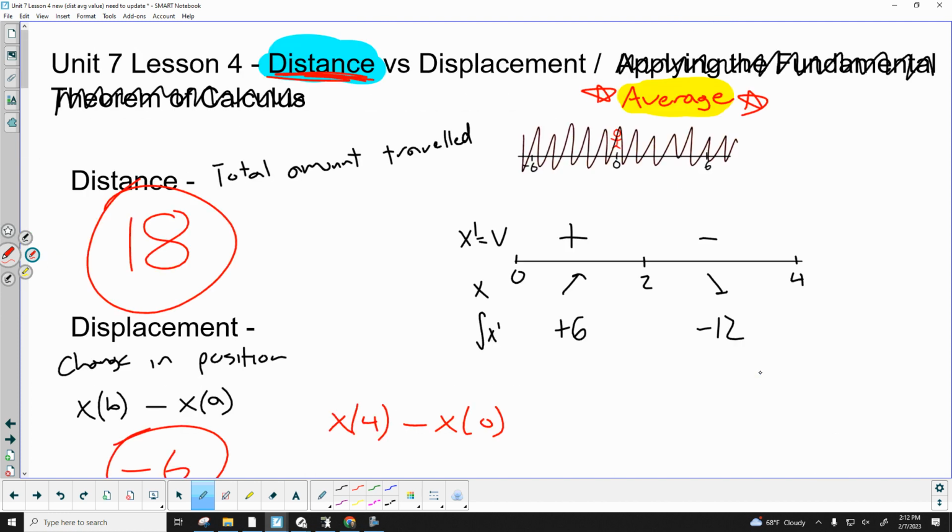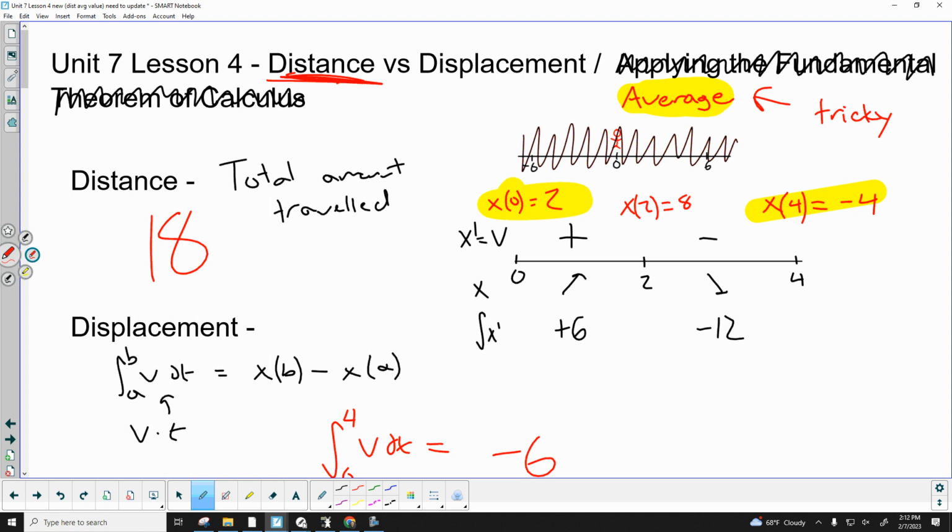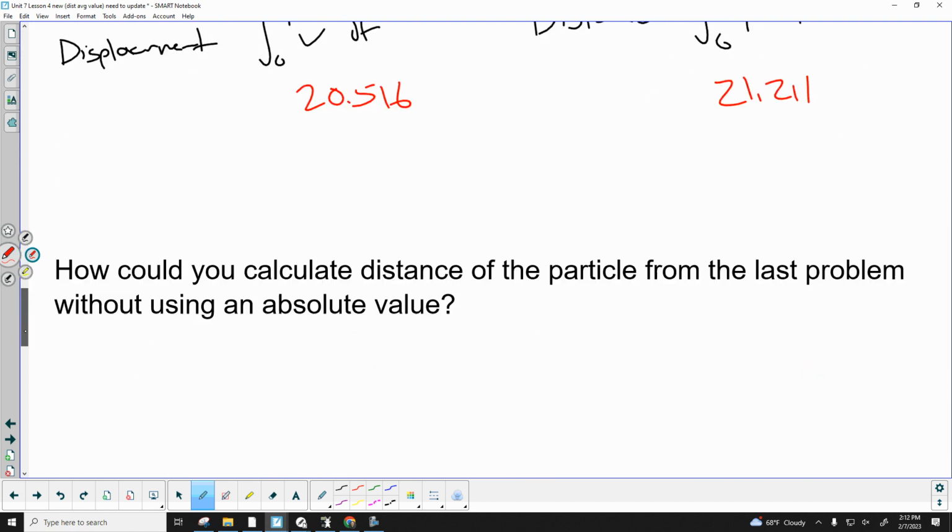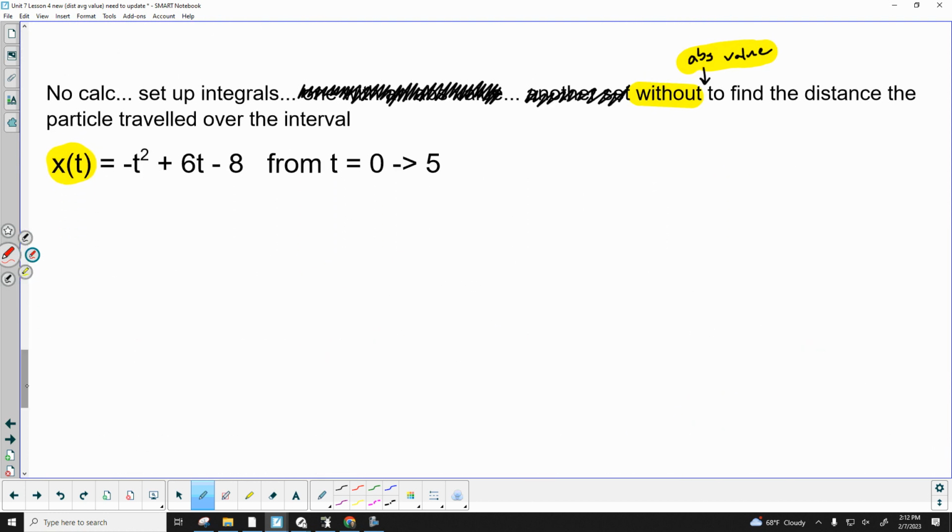There are some situations where you can utilize that. Look, I'm asking you to find the distance. I don't even want you to set it up. I want you to find the distance that you travel. But you don't have a calculator.